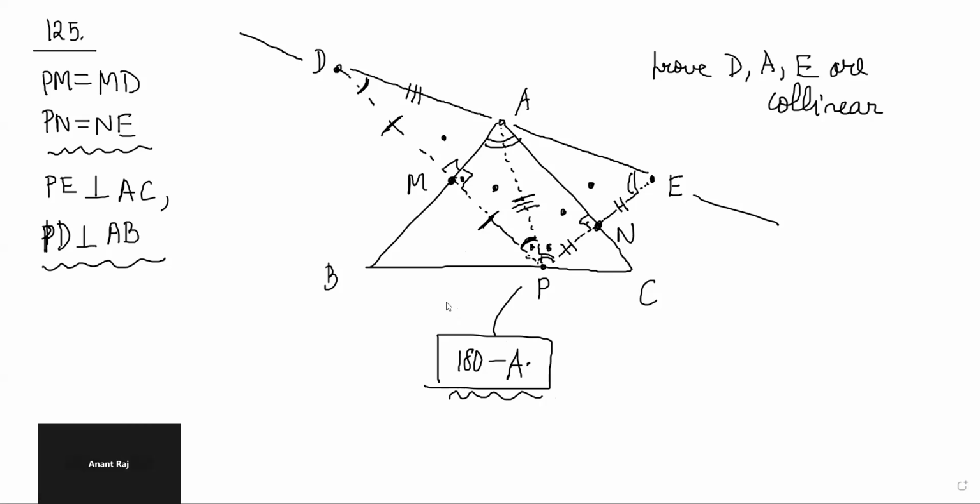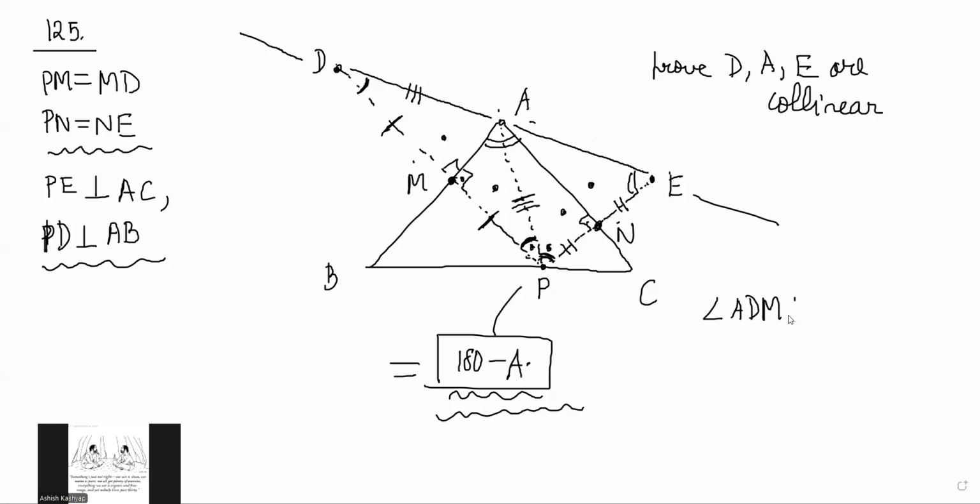Yes. So now what we have realized is that the sum of this single line angle plus double line angle adds up to what? Basically, what I'm saying is ADM plus AEN is equal to 180 minus A, right?